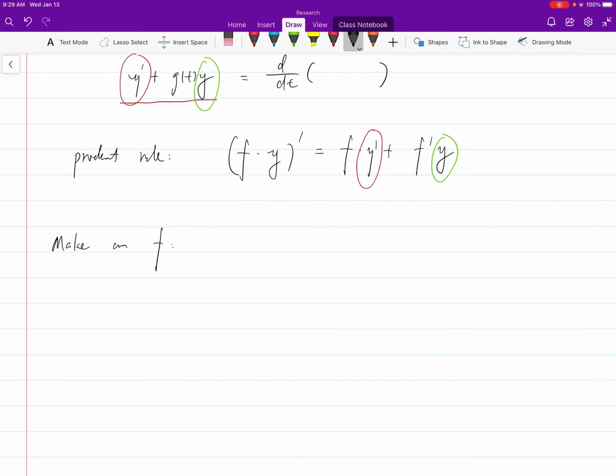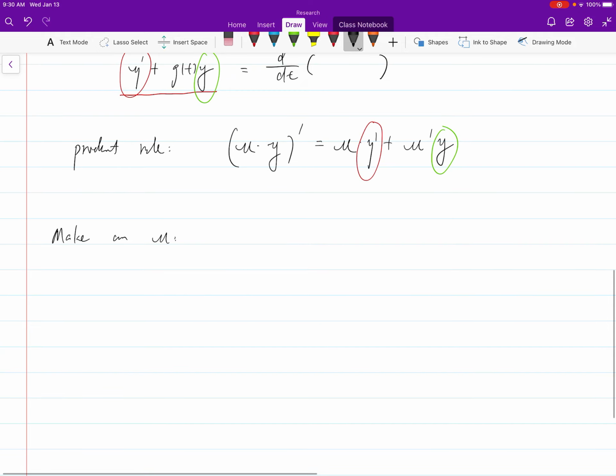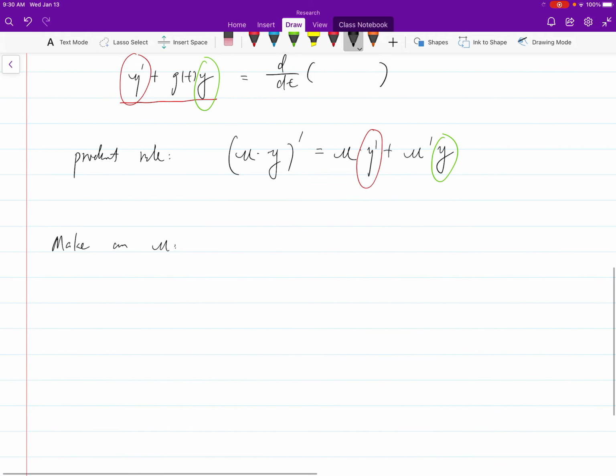Let's just take f to be, oh, actually, let's stay consistent. Let's use mu, because the book used mu, but the idea is the same. So think about this.